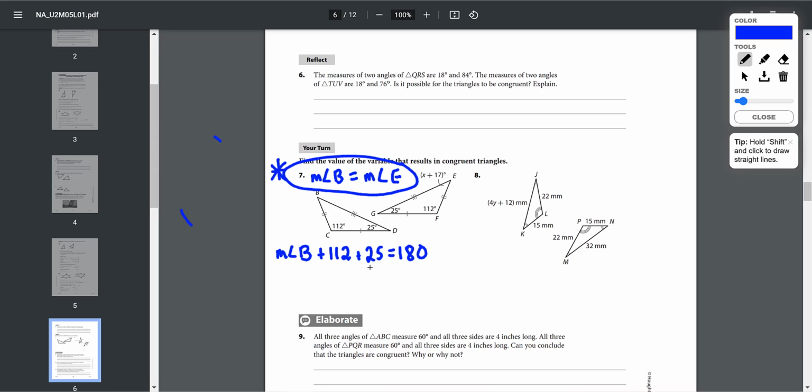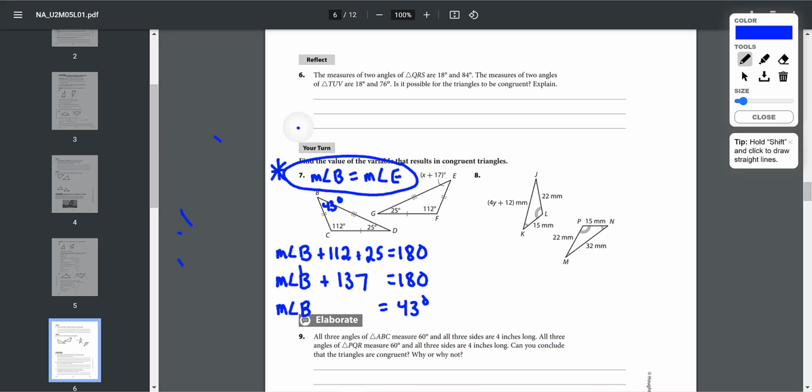There's 180 degrees inside a triangle. So that means the measure of angle B plus 112 plus 25 have to equal 180. So this means the measure of angle B is equal to, let's see, what is that, 43 degrees? I think I have that right. So that's the measure of angle B.